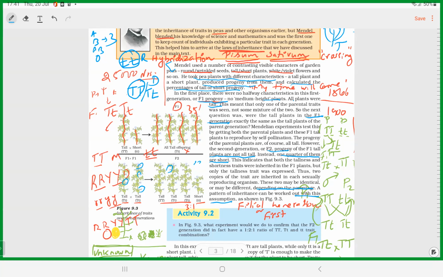What I'm going to do is work out. Do you all know how to work out a monohybrid cross? I'm going to work out how Gregor Mendel did this experiment with a monohybrid cross. That we are going to work out. Please listen.